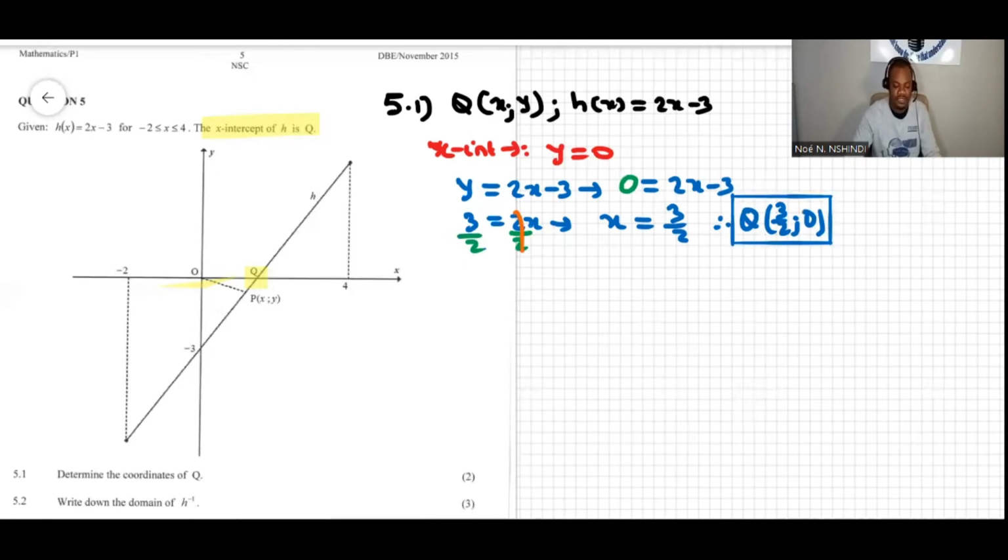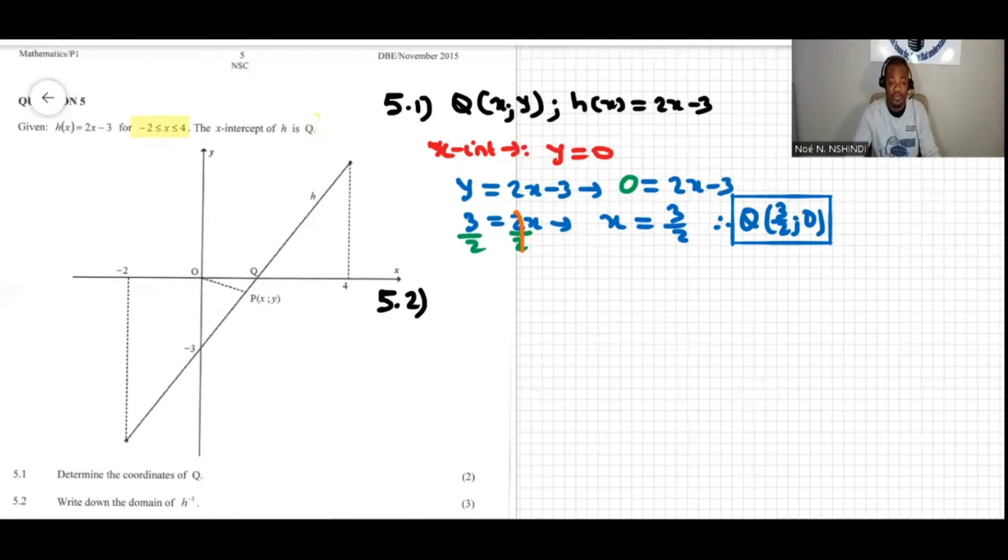Now, the following question, question 5.2, says, write down the domain of h minus 1. All right. Let's first see the domain of h of x, which is the interval over which x is defined.